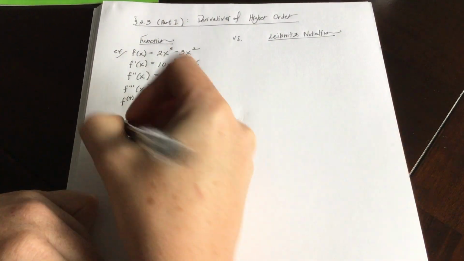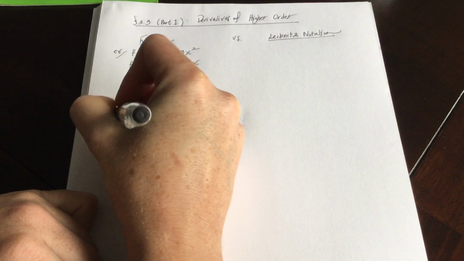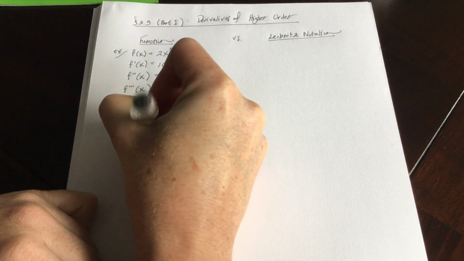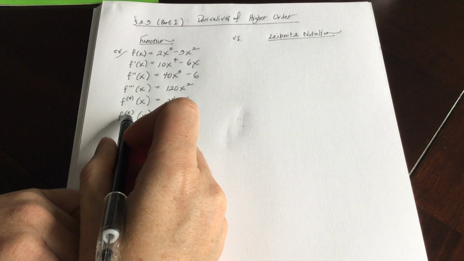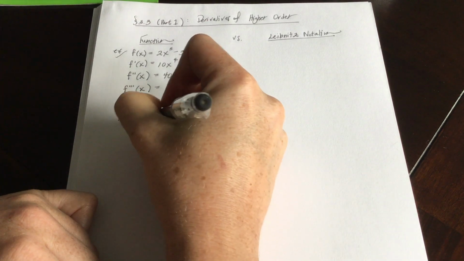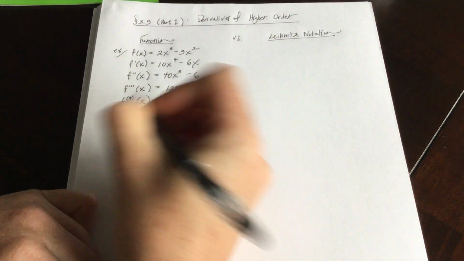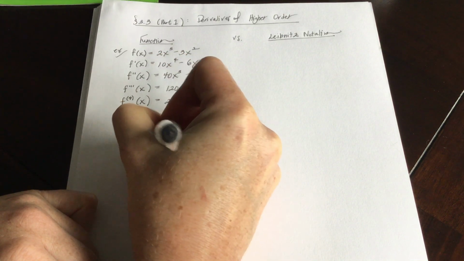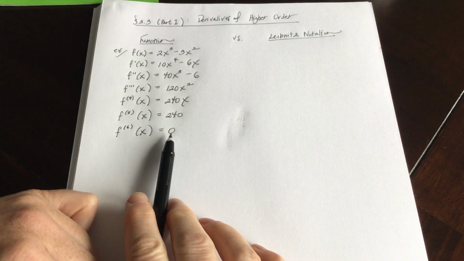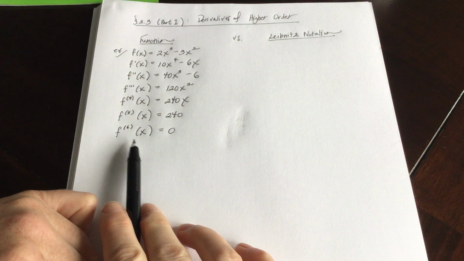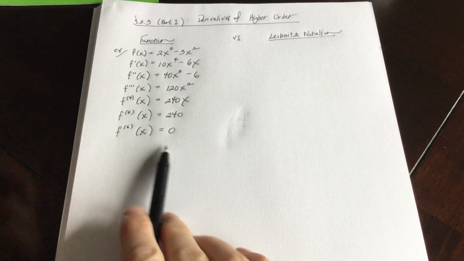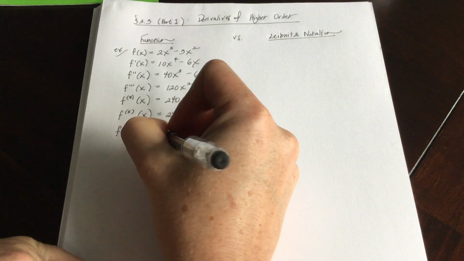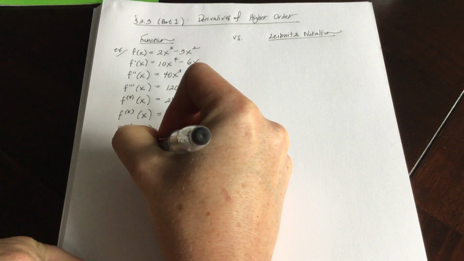Beyond 4, we would use this notation where the number of derivatives is in parentheses and superscript. Once we get to 0, if somebody wants to know the 7th derivative, 8th derivative, and so on, from here on out the answers would all be zeros. And so on.